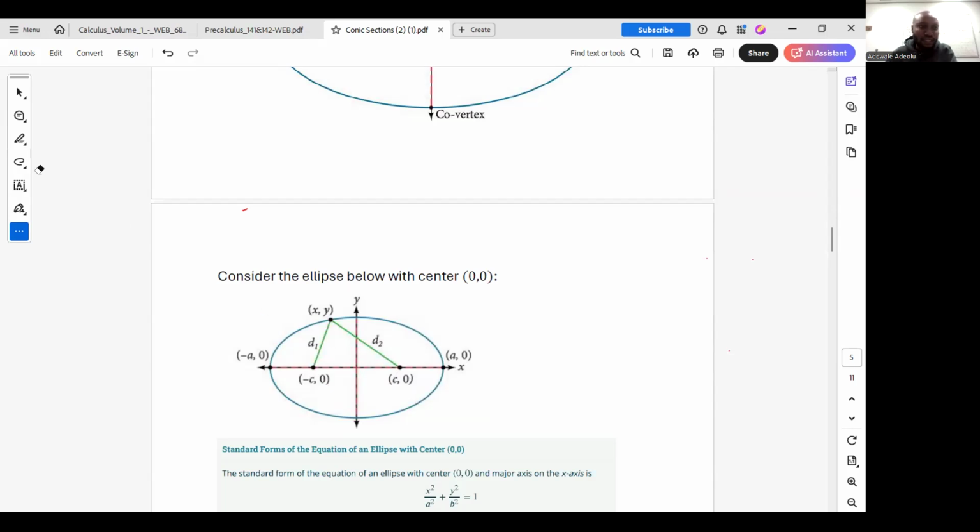Now, again, we know that if we just call this a point in the plane, we call it x comma y. So this point, we call it a comma 0.